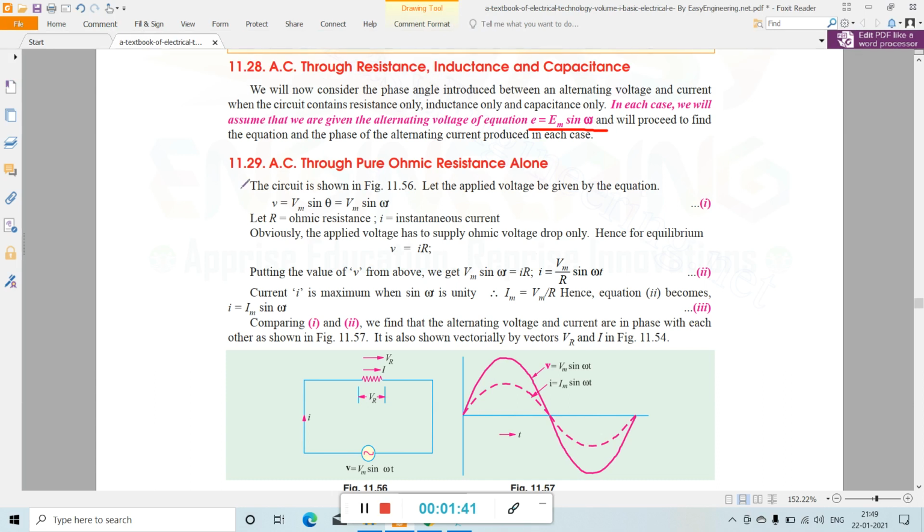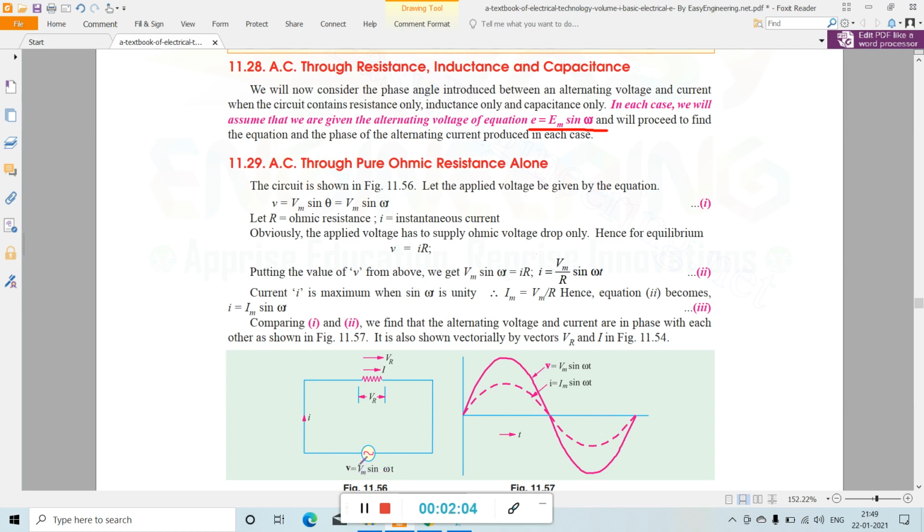We will begin with AC through pure ohmic resistance alone. This is the circuit: this is the resistance, which is supplied by the alternating voltage, that is v is equal to Vm sin omega t, or you can write v is equal to Vm sin theta also.